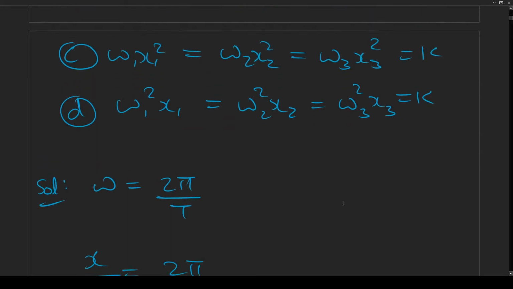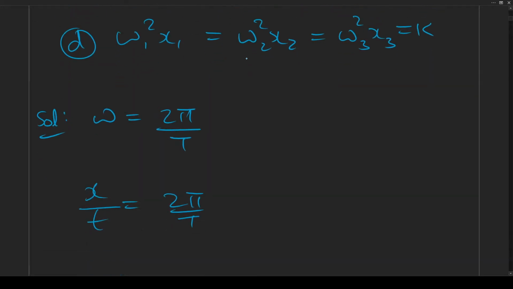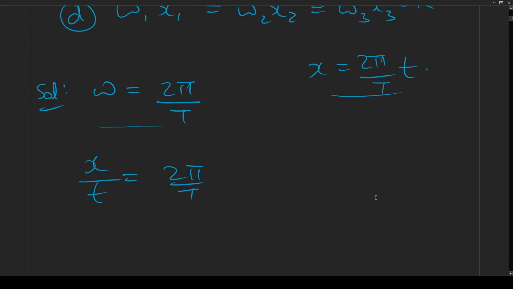Now this again we can write as x equals 2 pi by t. This is x and this is omega. Two things they gave in our question.